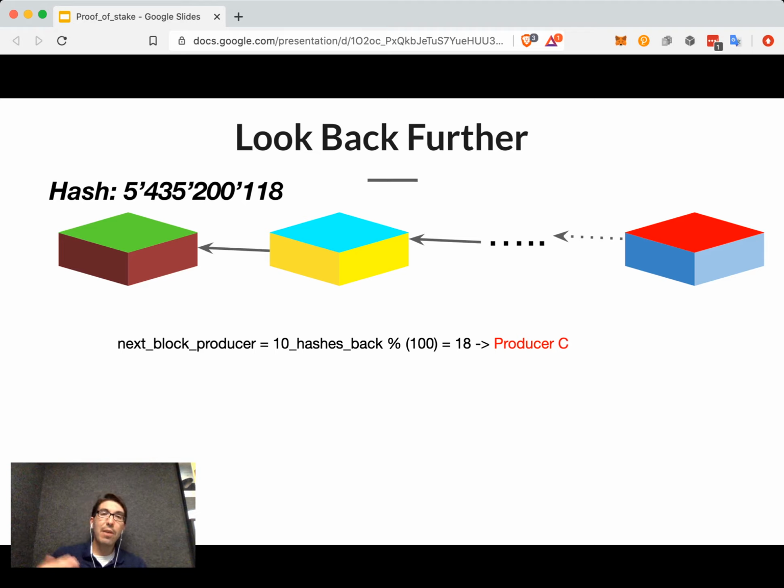And so if we look back further in time, or if we look at a collection of blocks in the past, then we are going to be less likely to have these chain splits. We're going to have less disagreement because there's been time for everything to propagate properly across the network. So if we look back further, this can help us stay on a canonical chain.